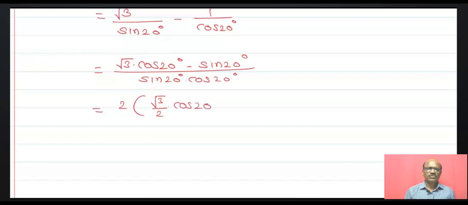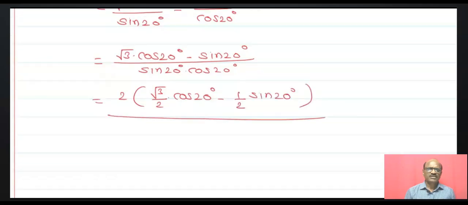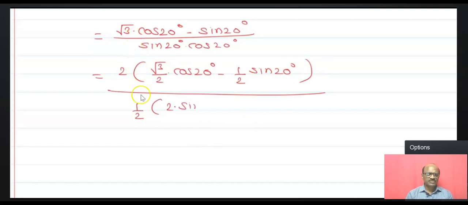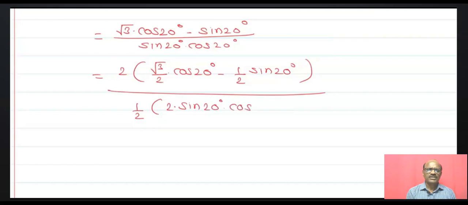Taking 2 as common, in the bracket you will get root 3 upon 2 cos of 20 minus 1 upon 2 sin of 20, and for the denominator also multiply numerator and denominator by 2, so we get 2 sin of 20 into cos of 20 upon 2.